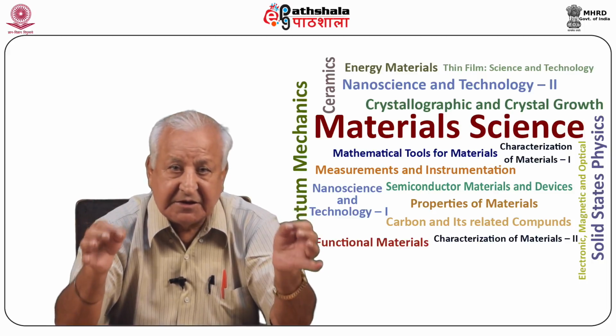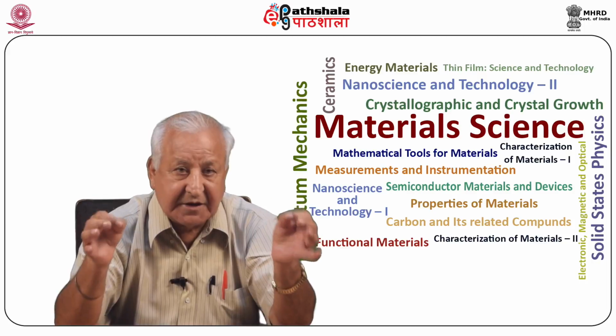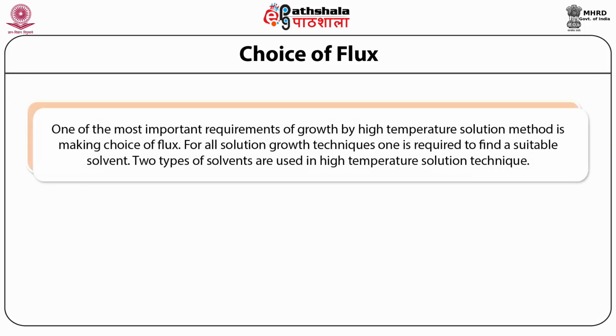Choice of flux, one of the most important requirements of growth by the high temperature solution method. For all solution growth techniques, one is required to find a suitable solvent.